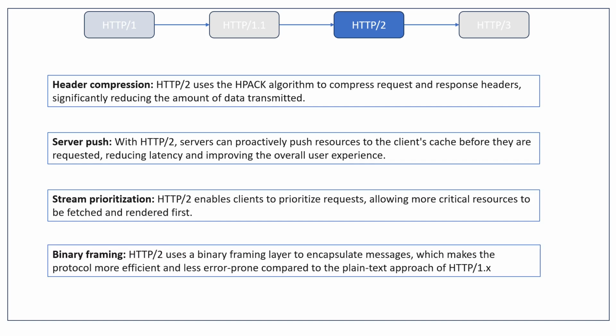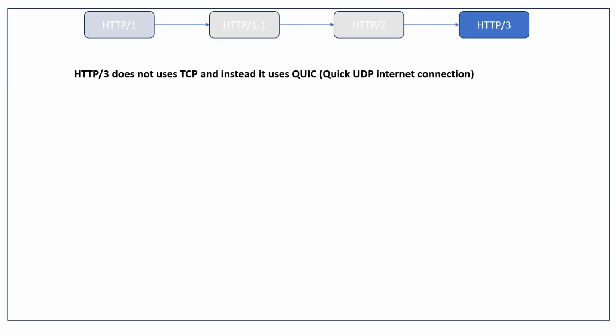And then in the previous versions, HTTP 1 or 1.1, whatever data is transferred is in a text format. But now in HTTP2, we have binary framing. So here data is sent via the binary framing layer. It makes the protocol a bit more efficient and less error prone as compared to the text-based approach which was there in the previous versions.